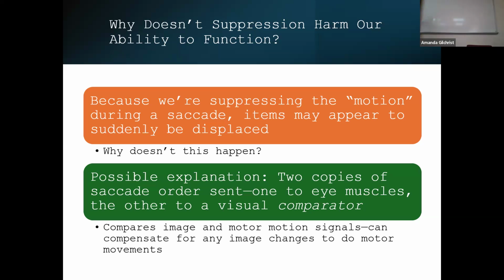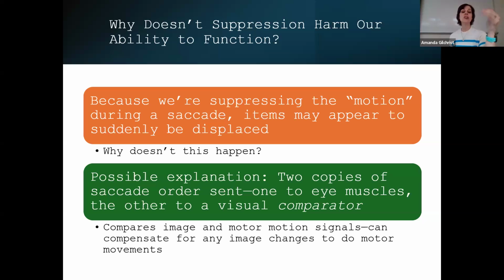And one explanation that has been proposed about why this saccadic suppression doesn't hurt our ability to visually move through our world is because you get two copies of the order to make a saccade. One is sent to your eye muscles to actually execute the movement, and the other is sent to what is called a visual comparator.